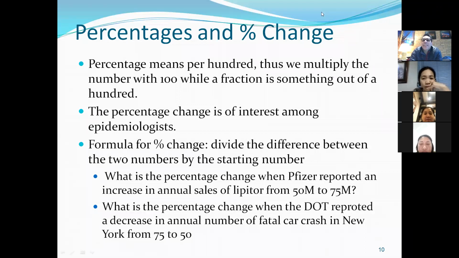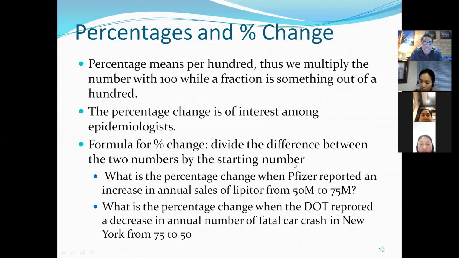So let's take a look at your answers in the chat. Did you answer 50%? Percentage change. The one that says 0.5 needs to continue and multiply it by 100 because this is percentage change. Every time there's the word percentage, it has to always be multiplied by 100.